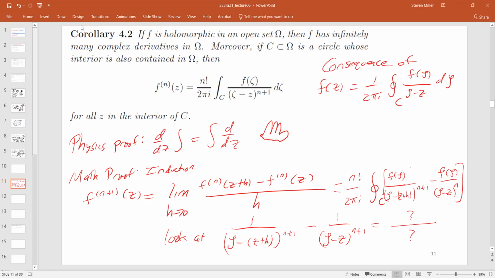And the algebra just comes from doing that. So when we subtract these and cross multiply, we have a difference of two nth powers, and you're going to get a zeta minus z. And in the limit as h goes to 0, the two terms are going to coalesce into just a zeta minus z.